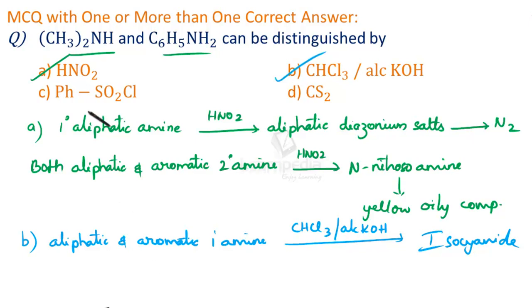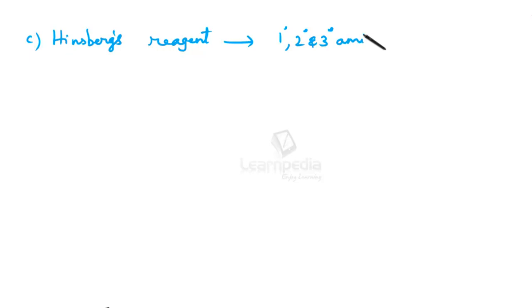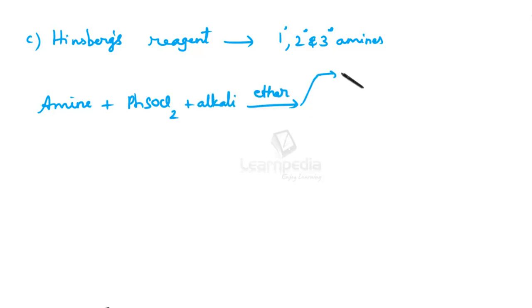The third one is benzene sulfonyl chloride. This is called Hinsberg's reagent, and this is used to distinguish primary, secondary as well as tertiary amines. Whenever an amine is made to react with this Hinsberg reagent in presence of an alkali along with ether, if it is a primary amine, this results in the formation of sulfonamide.